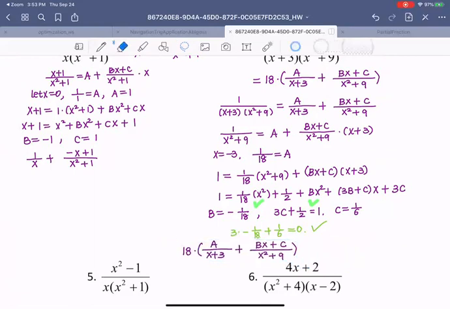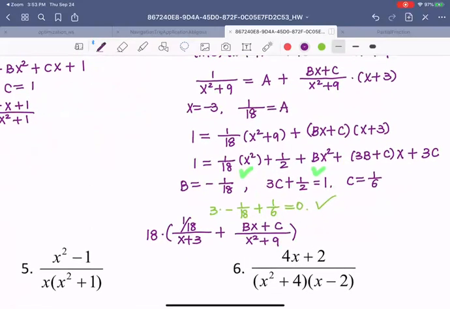A is 1 over 18. B is negative 1 over 18. C is 1 over 6.